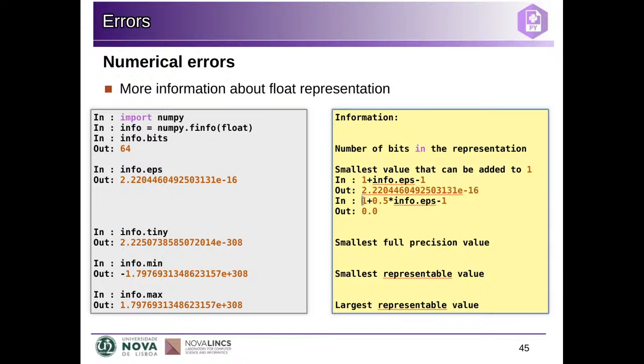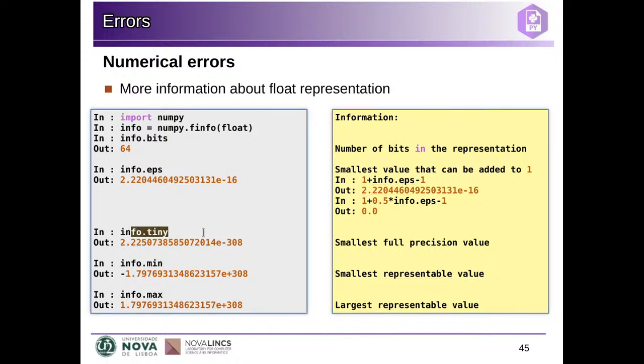But if you do, for example, 1 plus half of EPS minus 1, you get 0, because when you try to add half of EPS to 1, this gets rounded off because it's outside the precision of the representation for 1. So now it's as if it didn't exist.